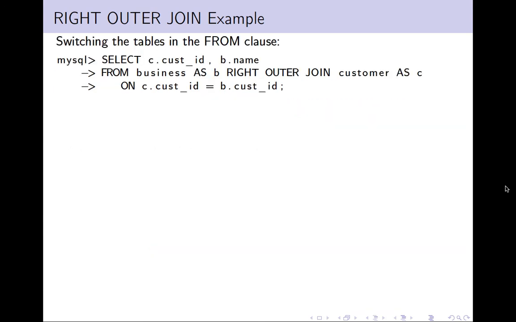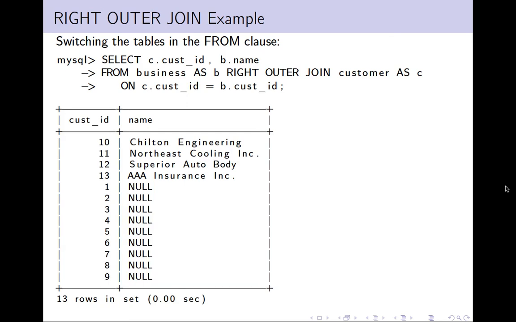If we switch tables in our from clause and say right outer join, we get the exact same table we had originally, because now the business table is on the left-hand side and the customer is on the right-hand side. Customer ID is the rightmost table, so it keeps all those rows.